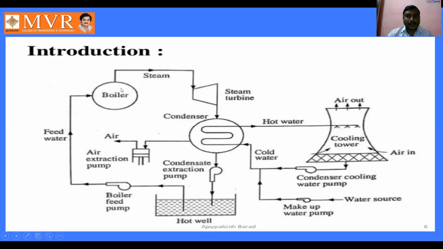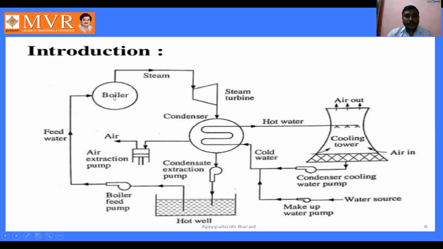In the previous classes we learned about the four main components: the boiler, turbine, condenser and pump. These are the four components of the Rankine cycle.